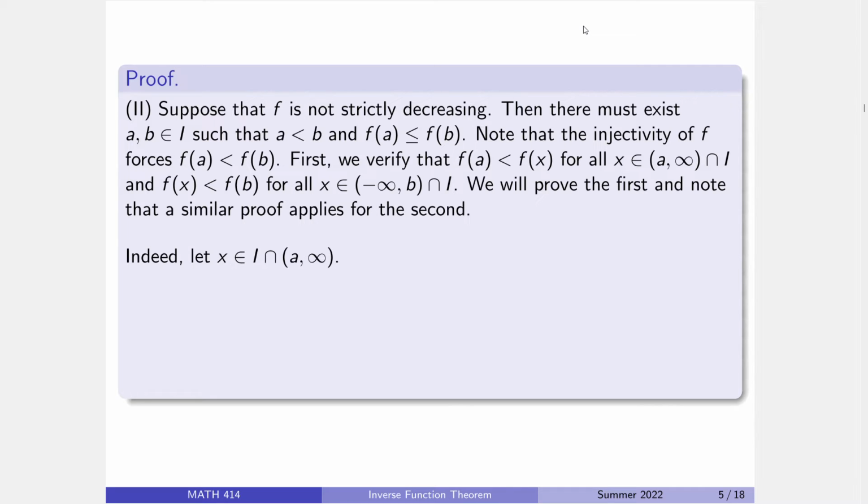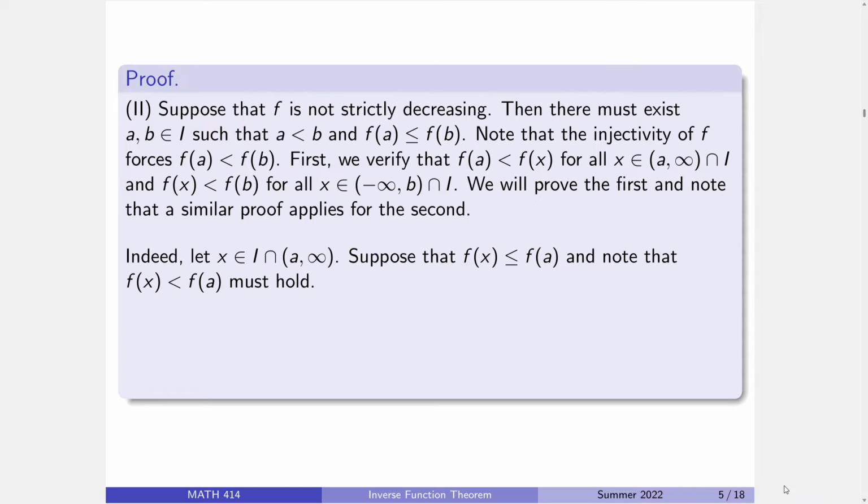Pick something that lives in the interval that is less than a, and for contradiction, suppose that f of x is less than or equal to f of a. Again, note that x is strictly bigger than a, so equality cannot hold due to the injectivity.